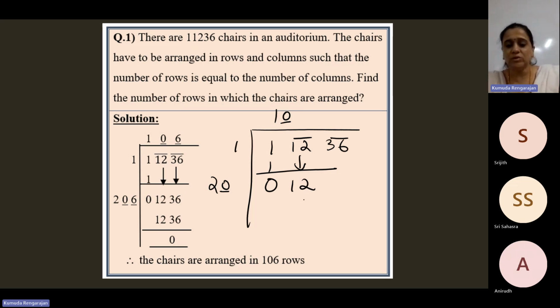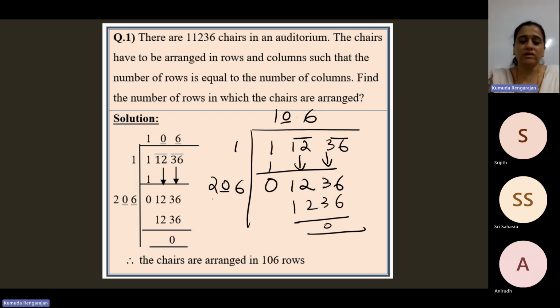You don't have to place 0 here and then show 12 as the remainder. Write a 0 here, and then bring the next pair down. Now, 6, 206 into 6 is 1, 2, 3, 6, and the remainder is 0. If you feel, I learned the earlier one first, so I'm comfortable with that, please proceed with that. Nothing wrong.